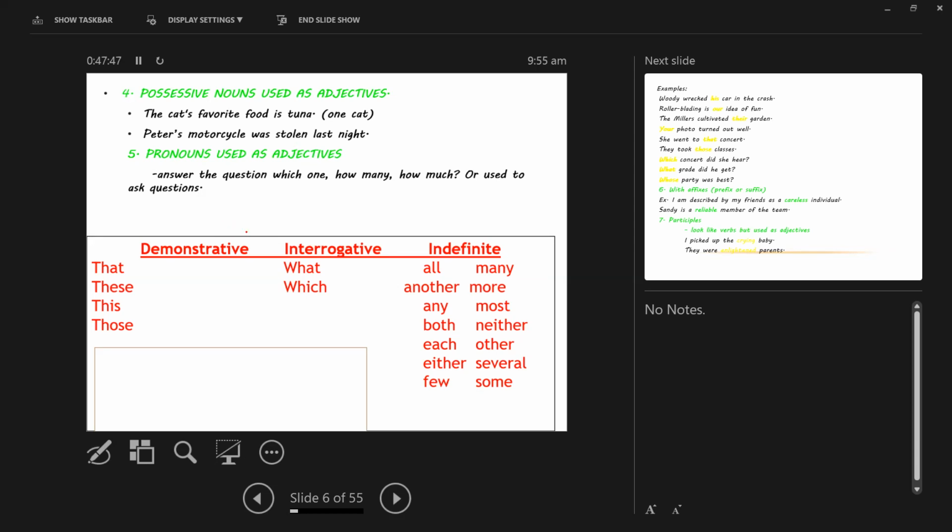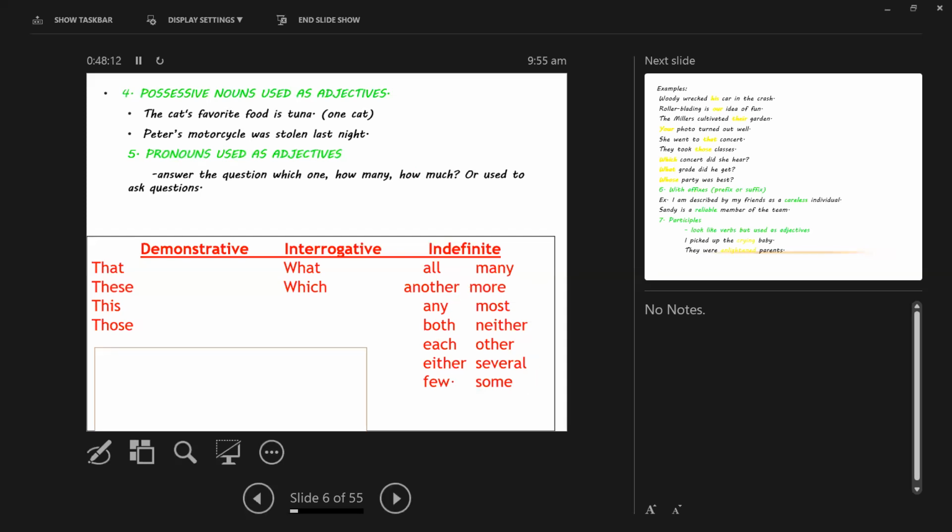Oh, nag-lesson tayo last time about suffixes and prefixes. Do you remember that? Most of you were here. Most Zoom participants were here. All, many, another, any, both, each, either, few, more, most, neither, other, several, some.